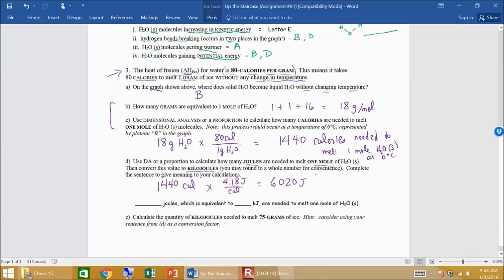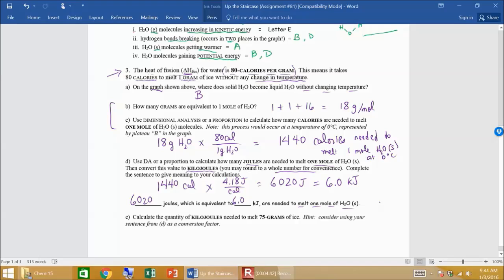That's 3 significant digits. And it says convert that to kilojoules. Well, if I make that a whole number for convenience, that's 6.0 kilojoules. There's my answer. So here I can write 6,020 joules, which is equivalent to 6.0 kilojoules, are needed to melt 1 mole of H2O solid.